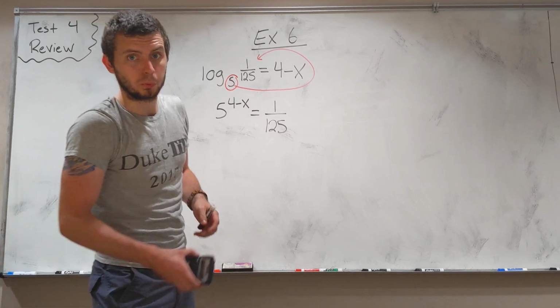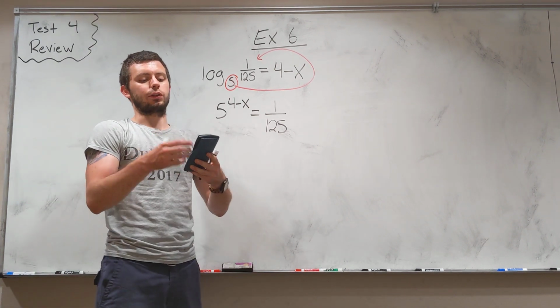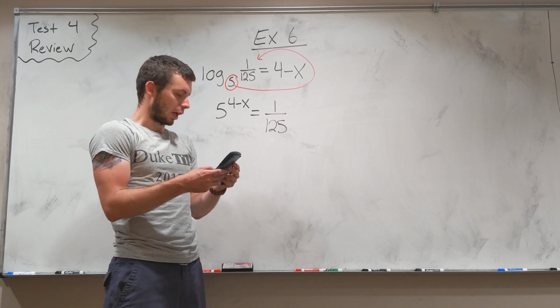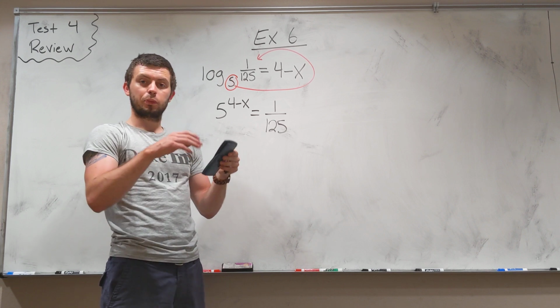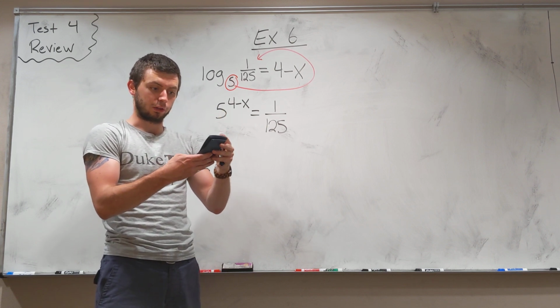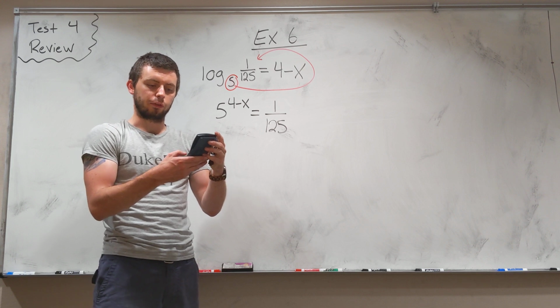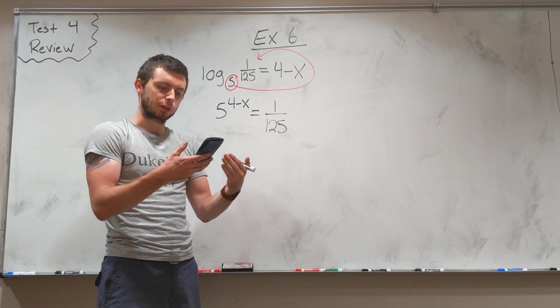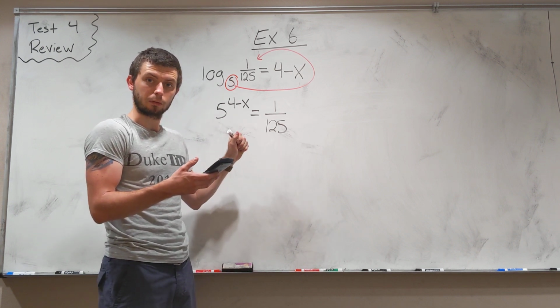And what I like to do is check that in my calculator. So if I look at 5 raised to the, and then I use parentheses, open parenthesis, negative 3, close parenthesis, I get 0.008. If I convert that to a fraction, I get 1 over 125.